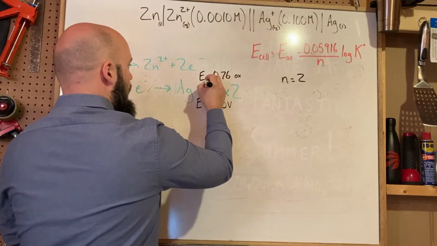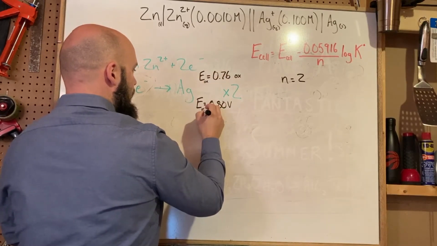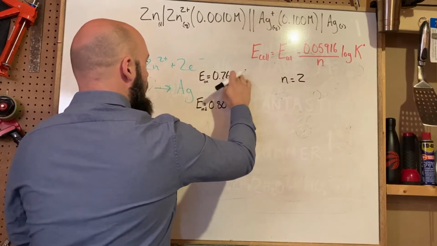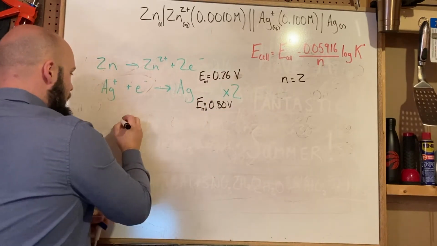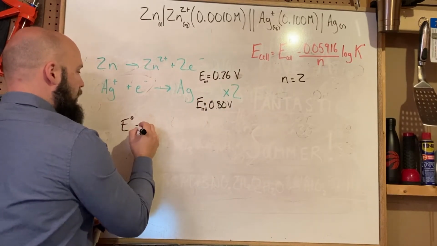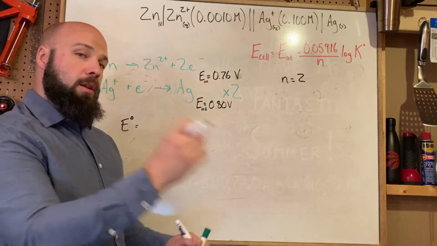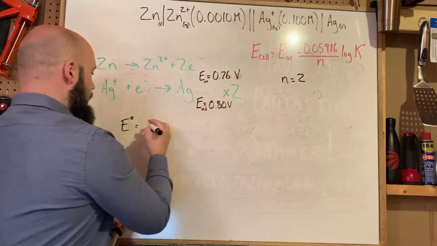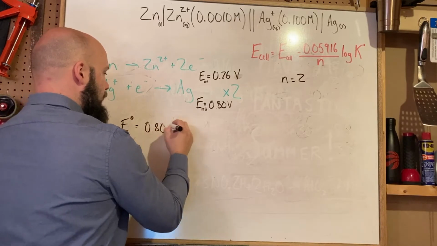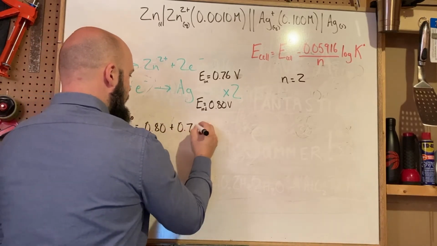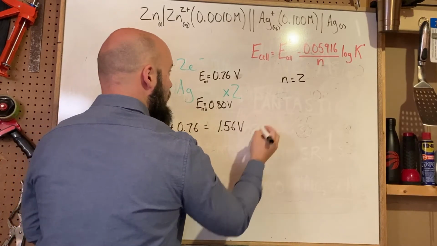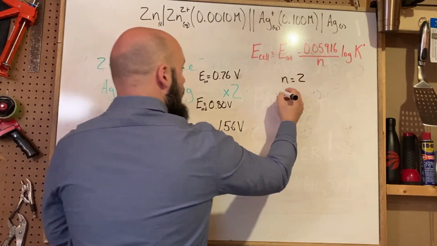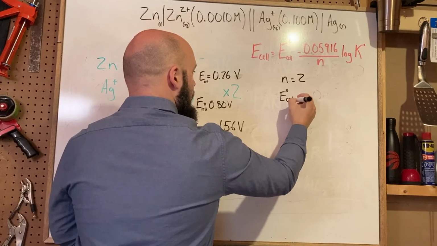So I'm going to write the E of ox versus E reduction, and do the E naught equation where we're adding the oxidation and the reduction reactions. I've already flipped this. This will be 0.80 plus 0.76, giving 1.56 volts as our standard cell potential.